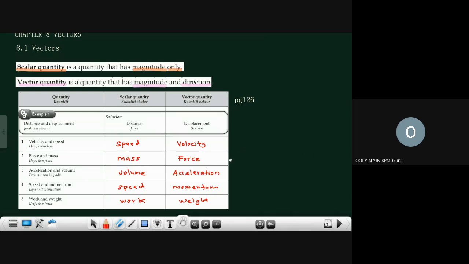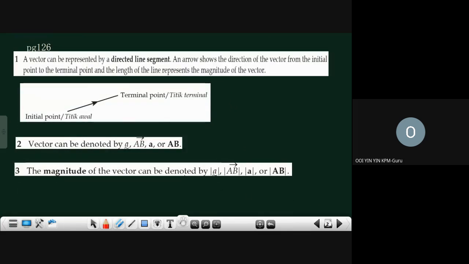You just want to know a little bit about the basics here, so that later on when we start to use the calculations, it'll be easy. Now here, this one you don't need to copy. All this is already given in your worksheet that I distributed to you, page 126. Later you can look back. Now I want to explain what is called vector.